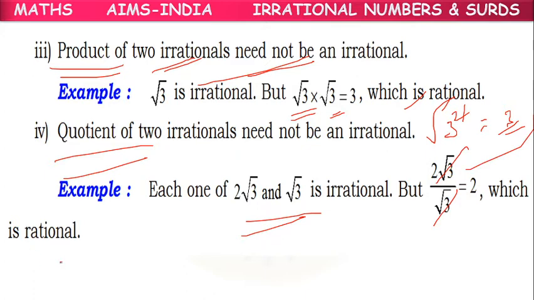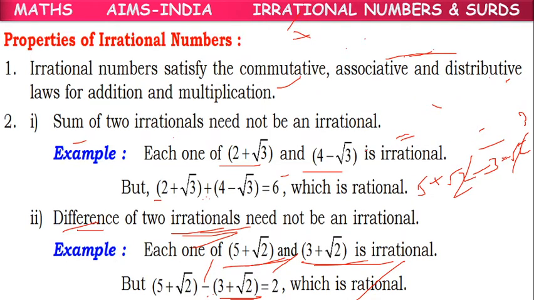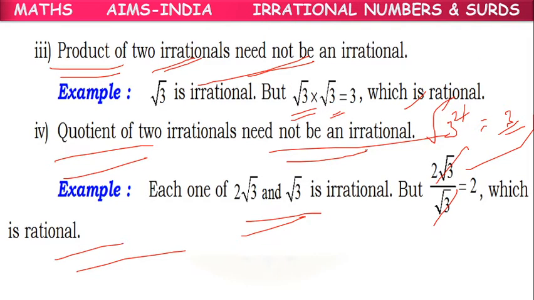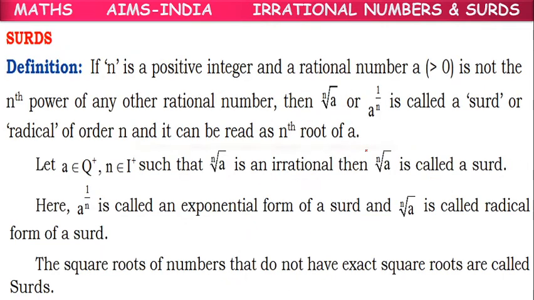Answer 2, which is rational. So whether sum, difference, product or quotient, whatever we do with two irrational numbers, the result may be a rational number or an irrational number based on the given numbers.